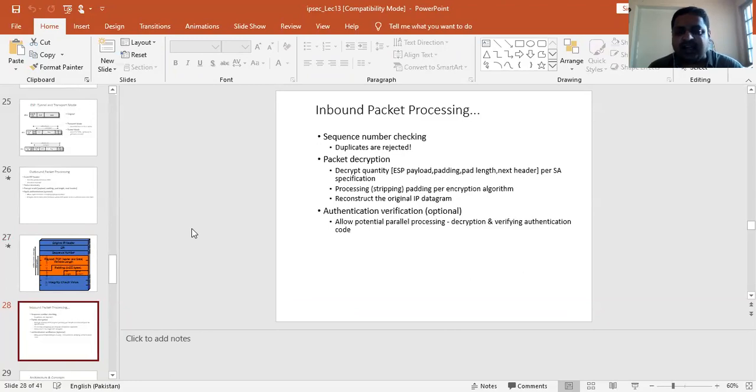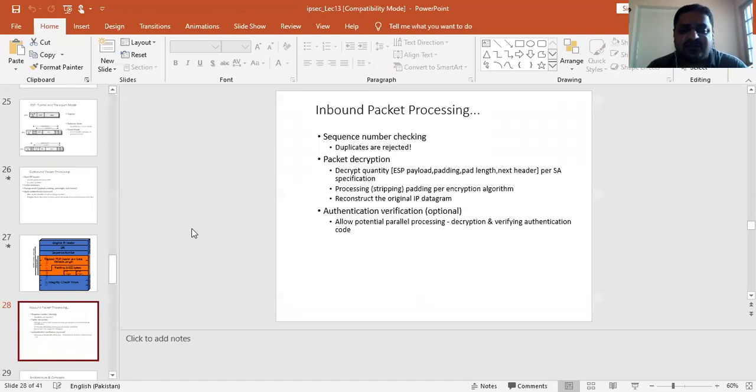We can define whether a particular packet needs to be given access or not, whether it should be allowed in the network or should not be allowed in the network.